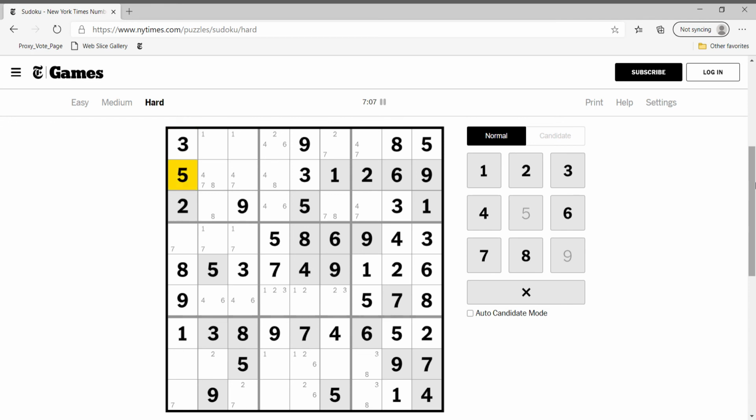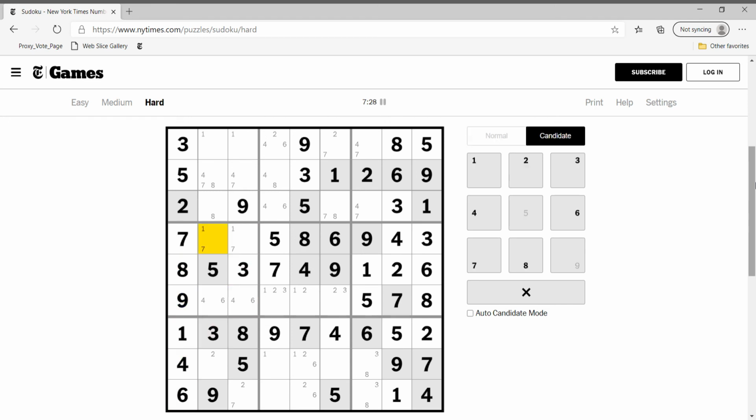Okay, and so now we're missing, again, we're missing 4 in this column, which can only go here. And now we're missing, I guess 6, right? But it can't go here, so this is 7, this has to be 6.